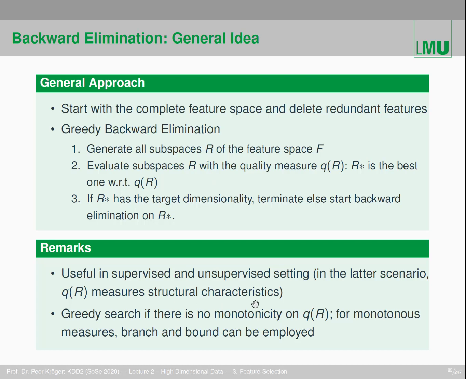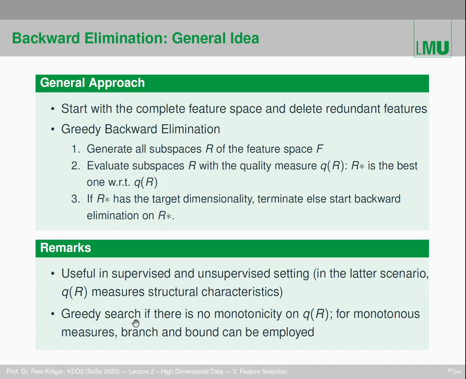Measuring structural characteristics in individual features is usually not a very good idea, especially in the unsupervised setting. But in the backward elimination, since you start off with the entire feature space, you can really measure some structural characteristics. So it's also useful in the unsupervised setting. But we still try to be in the supervised setting here.